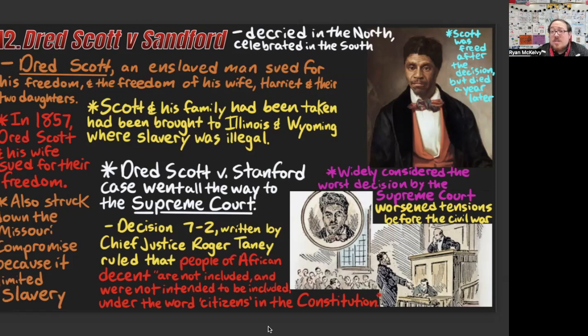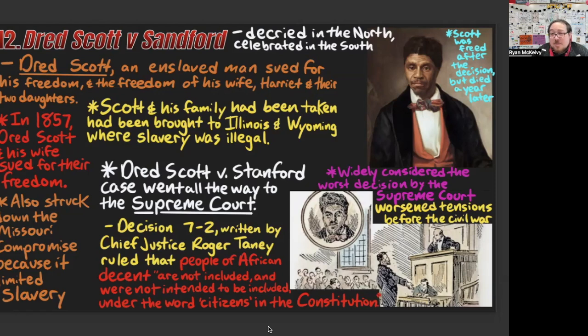And there, the Supreme Court will actually side not only against Dred Scott, but will go way beyond this case. Instead of just saying, no, actually, you're still a slave, they will strike down the Missouri Compromise, which limits slavery above the bottom portion of the Missouri Compromise, and they will also declare that people of African descent are not included as a citizen in the Constitution, which basically says if you're black, then you have no rights.